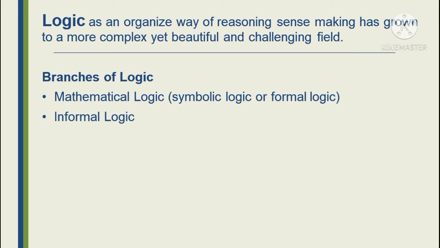So we have two branches of logic. First branch is the mathematical logic, or we could say symbolic logic or formal logic. Kung may formal logic, mayroon din naman na informal logic. So these are the two branches of logic.